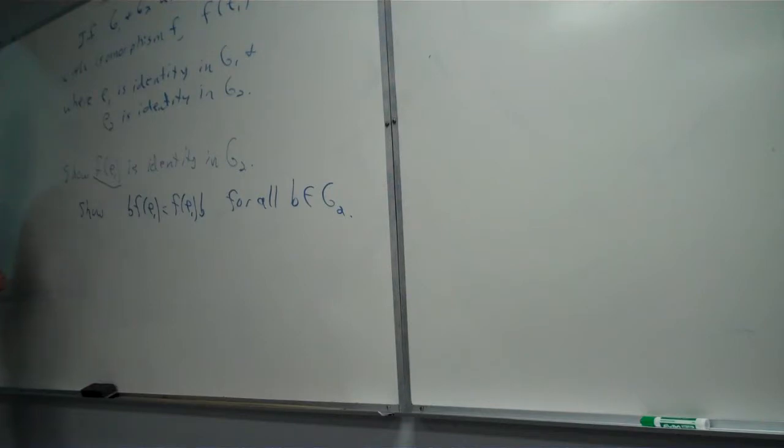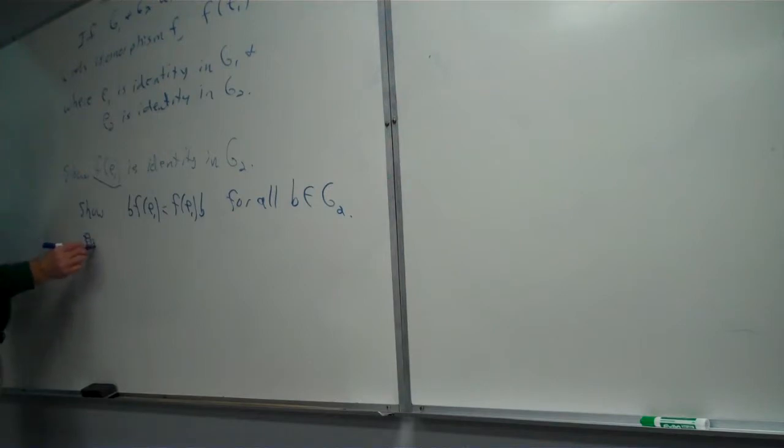Is there anything else we would know, say, about every element B in G2? Shouldn't every element in G2 have an element in G1 corresponding to it? Because they're all mapped to each other, it's an onto mapping. That's exactly the key we need.